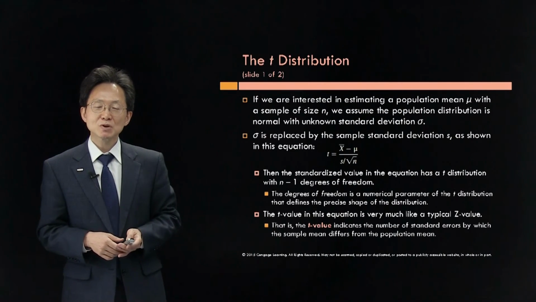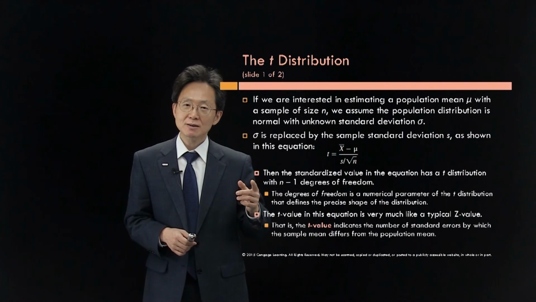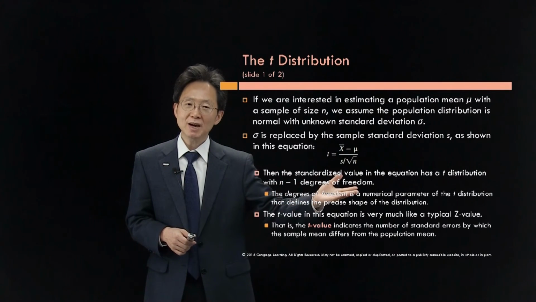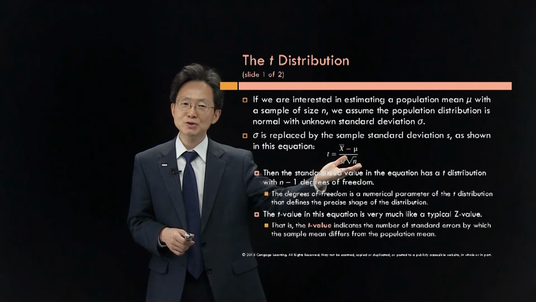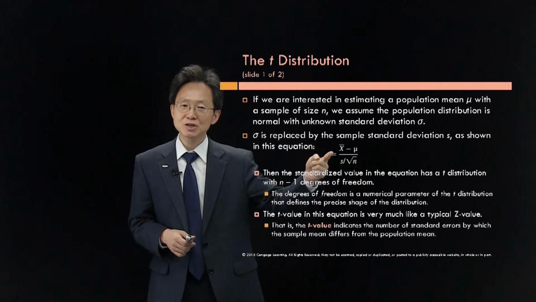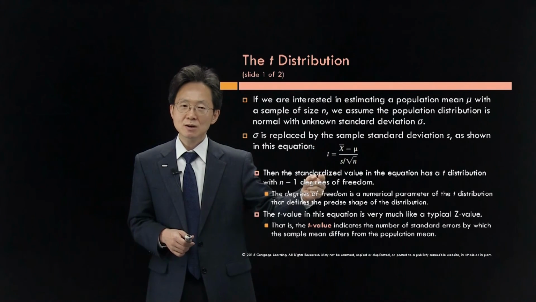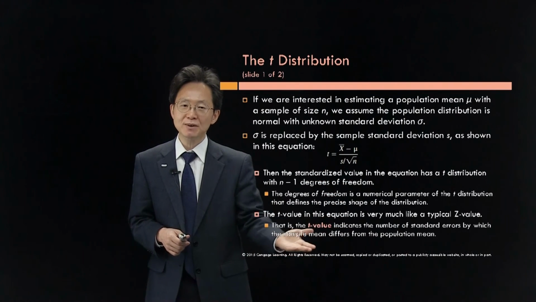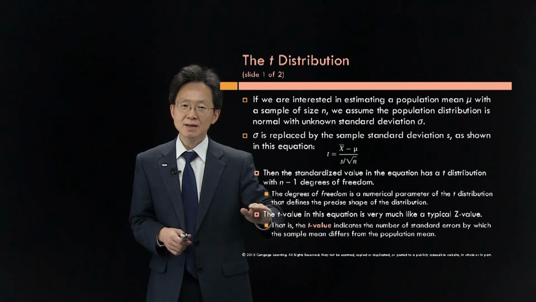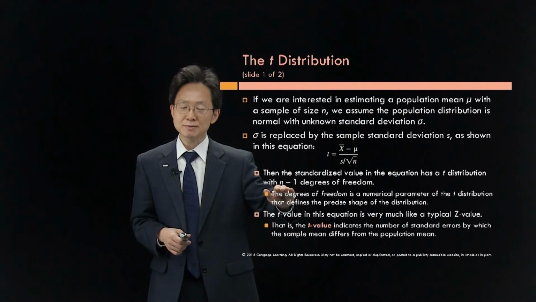But because we do not know sigma, which is unknown, we use S. And if we use S, then we gotta use the T distribution. That's what I already told you, right? That's called the T multiple or T value here. And the degree of freedom, n-1.